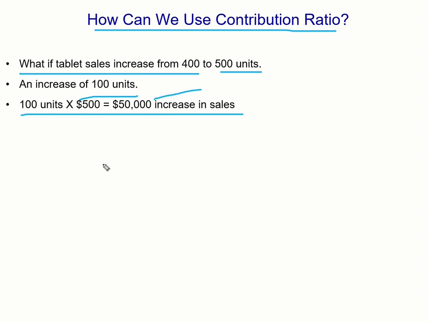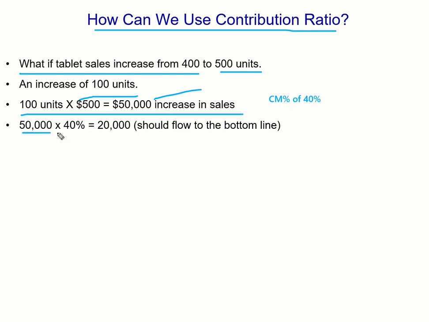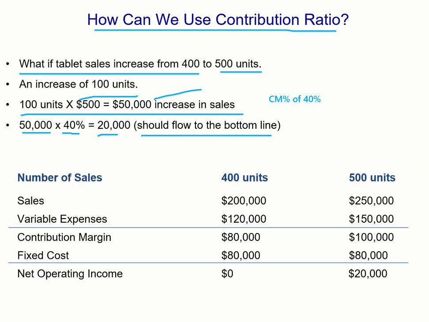Knowing that we have a contribution margin ratio of 40%, if we increase sales by $50,000, we should increase our contribution margin by $20,000, and this should flow to the bottom line because in the example we worked, we already covered the fixed expense. Let's prove this in a contribution margin format.